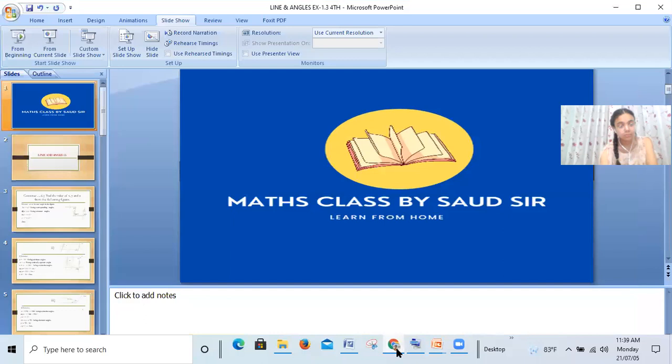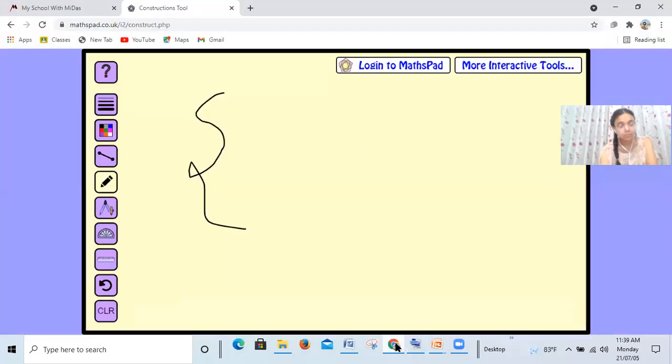What is there? Sir, math pad. Okay, blank one. No, sir, curly bracket. Okay, curly bracket one. Good. This one, curly bracket close one. Has it come?